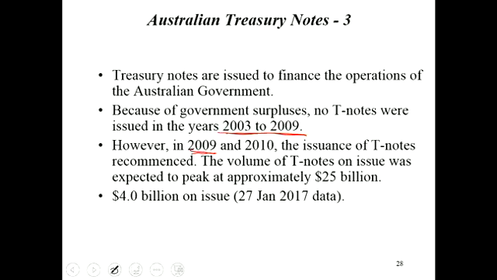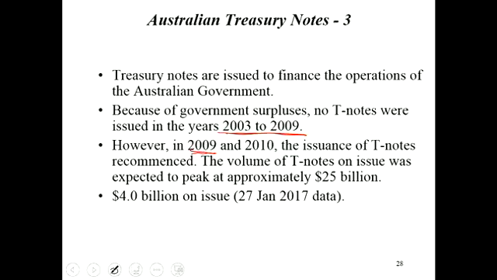So even before they got to the point where they had to, because they got into deficit, they agreed to start reissuing securities, even though they were running a surplus. At that point, they agreed that they would issue enough securities to support a yield curve out to 15 years. Since that time, it's been stretched out to 30 years.